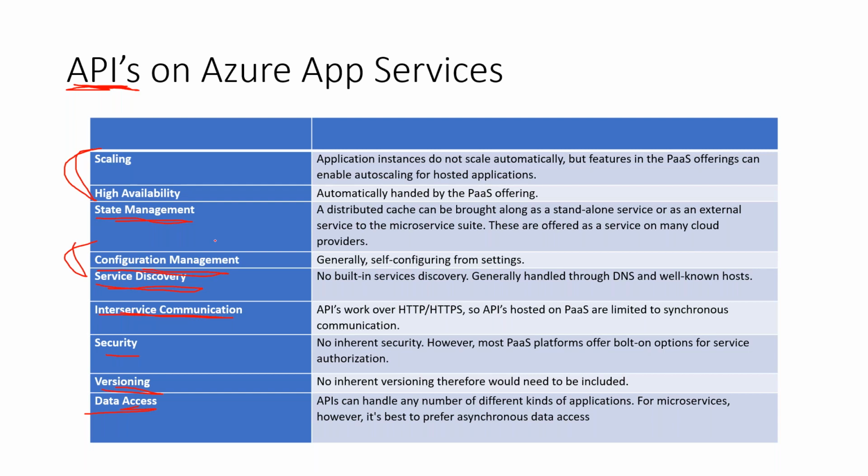However, it's assuming that your APIs are going to do state management and appropriately do inter-service communication and security and versioning, etc. And you've designed your APIs to be a microservice rather than be a monolith in that respect.